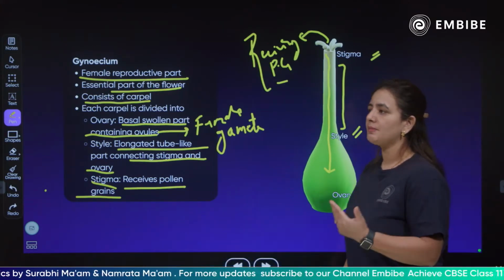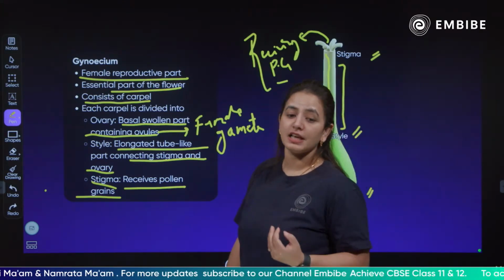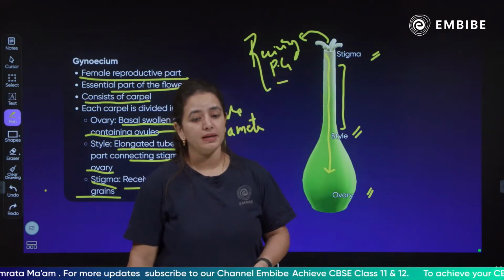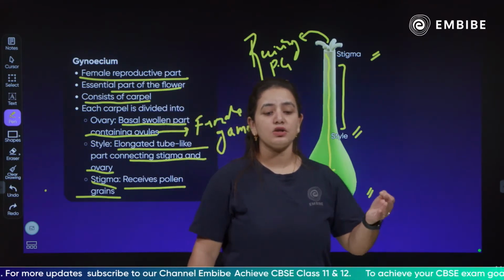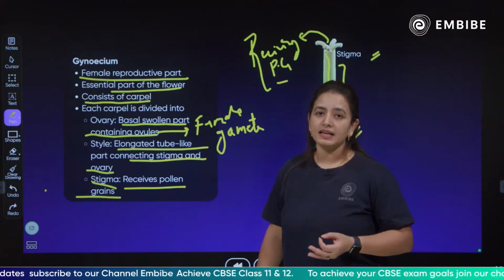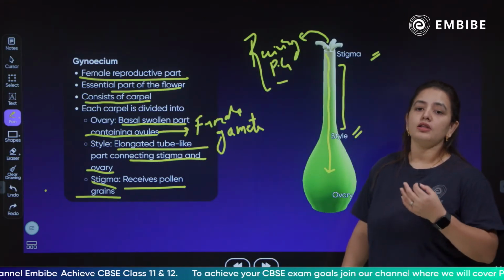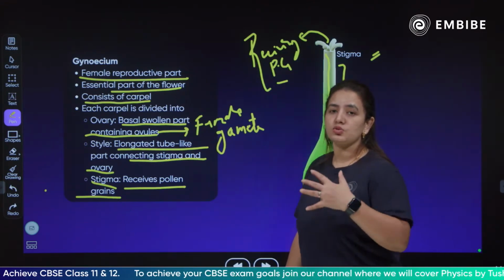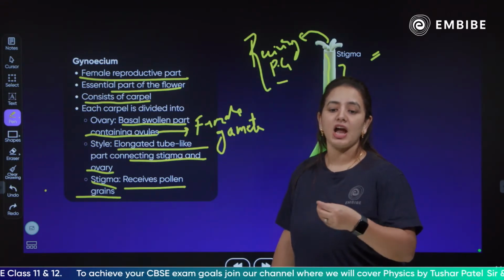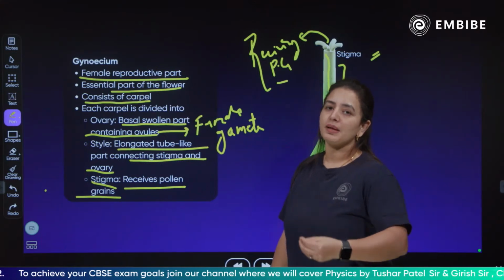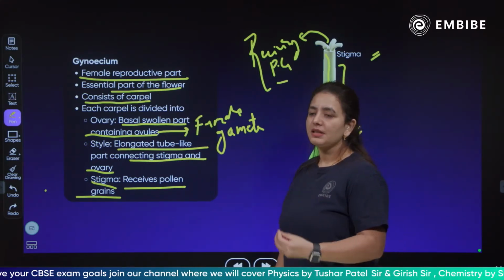Stigma is a landing platform which receives the pollen grain, which is the male gamete. A style is a tube-like structure connecting the stigma and the ovary. The ovary, the basal swollen part of the carpel, has ovules, which are the female gamete. Yes or no?